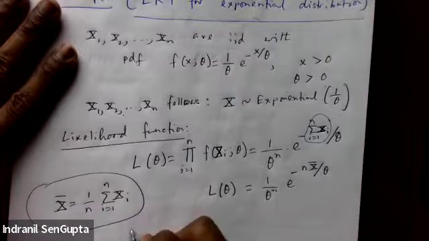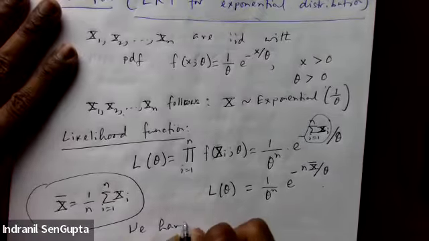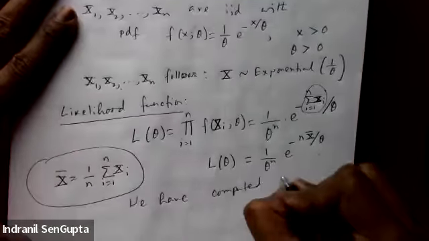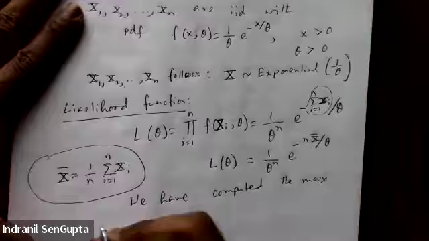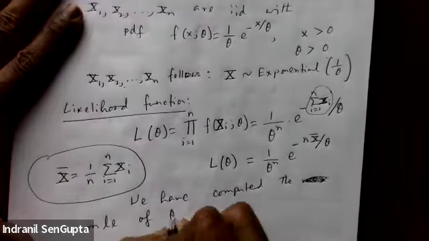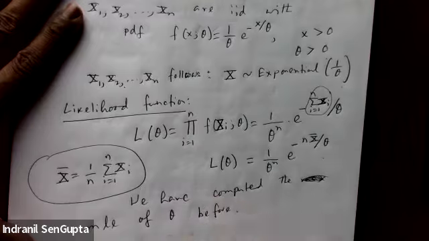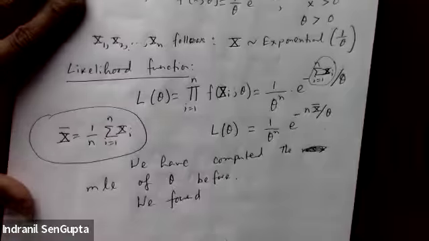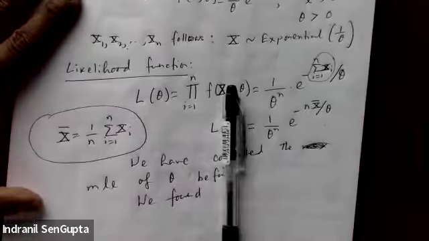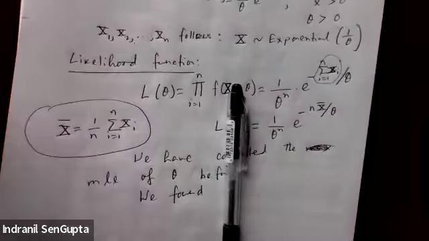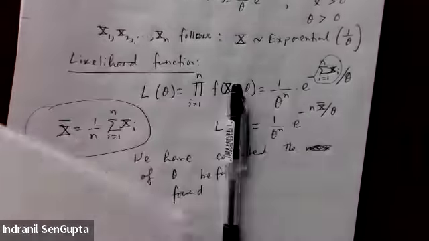We have computed the maximum likelihood estimator before. I'm referring to the second lecture. So this is from lecture 2.